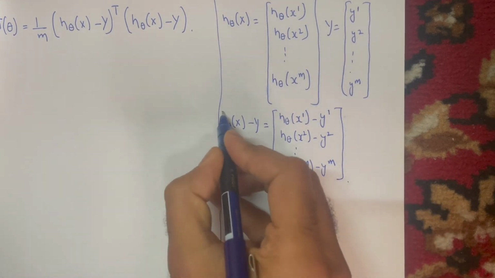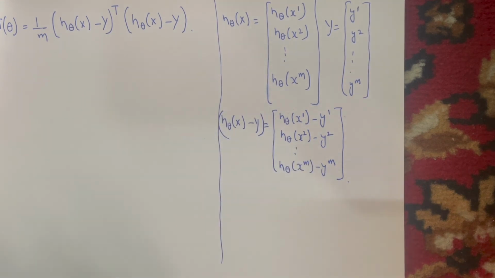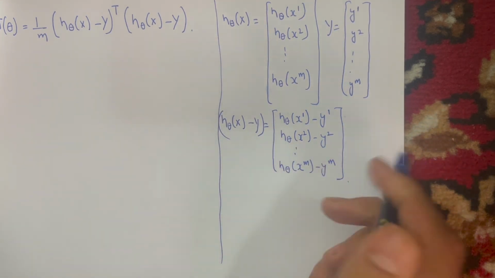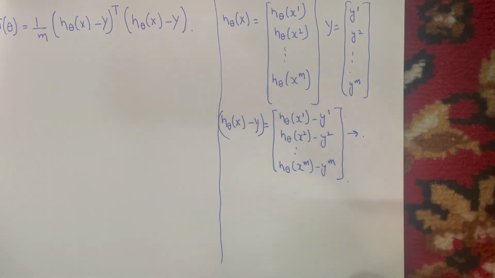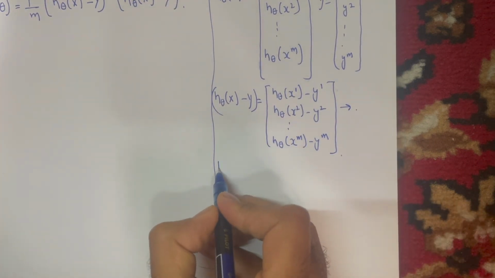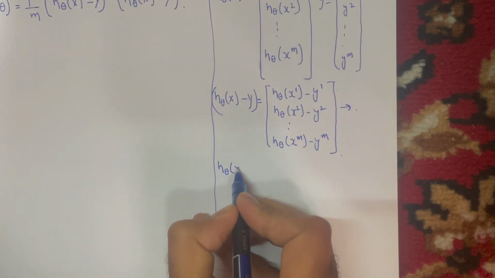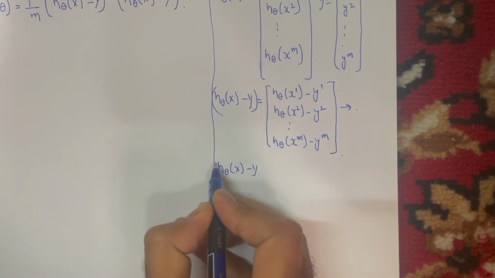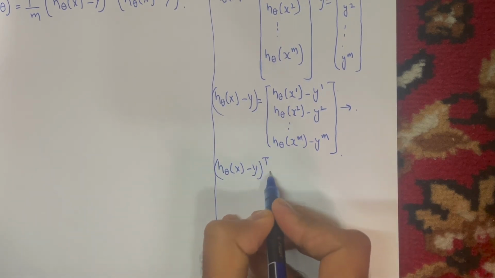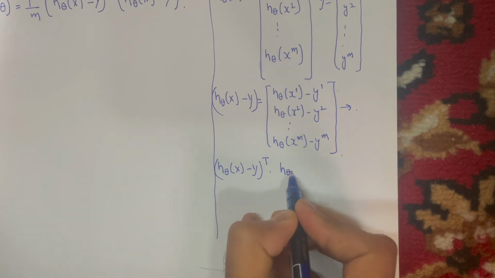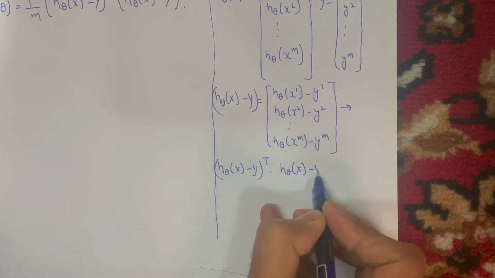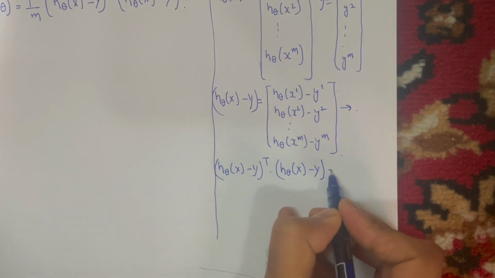And what will be its transpose? Its transpose will be the transpose of this matrix. So I will write h of theta x minus y whole transpose into h of theta x minus y. Let's see what this particular equation will be.